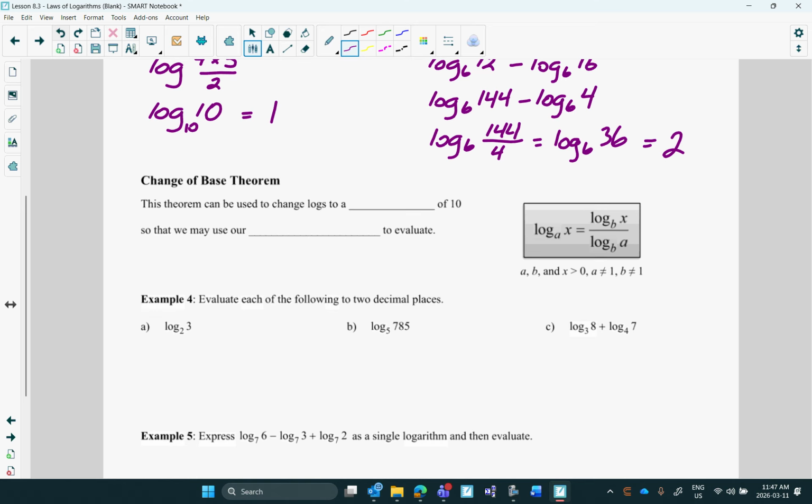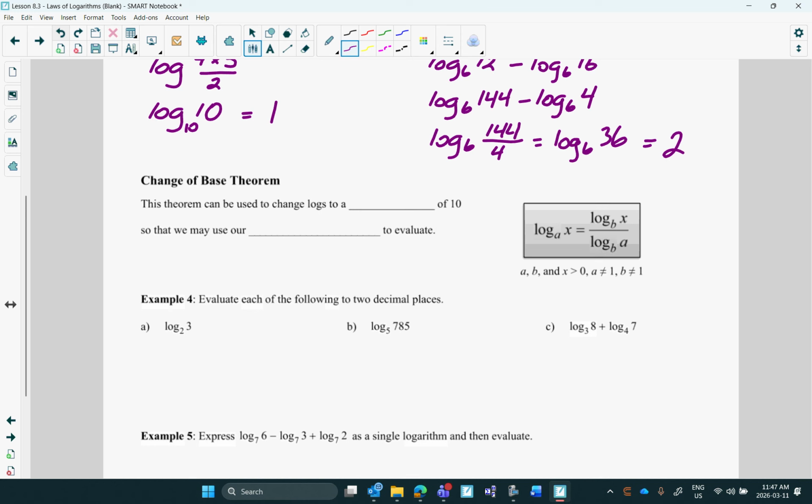So for example, let's do this. I can't do this on my calculator, can I? Because it's base 10. But try on your calculator, log 36 divided by log 6.